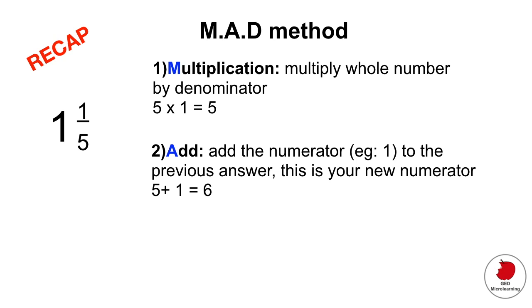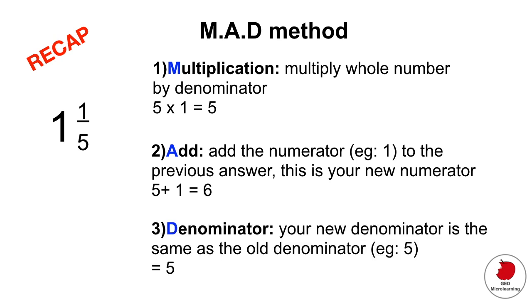So in this case, we had 5, and now we're going to add 1. That gives us 6. And this is going to be the new numerator of our answer. And then finally, the D stands for denominator. And the denominator is going to be the same as the old denominator. So in this case, the denominator will remain as 5. And that gives us 6/5.